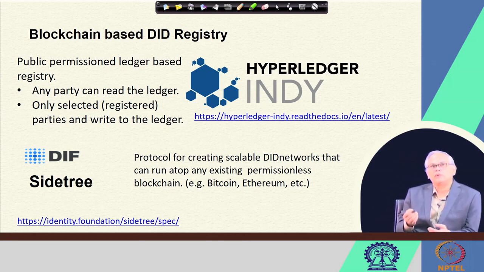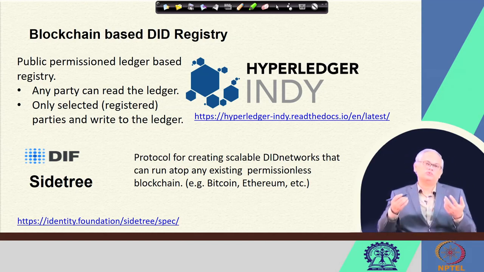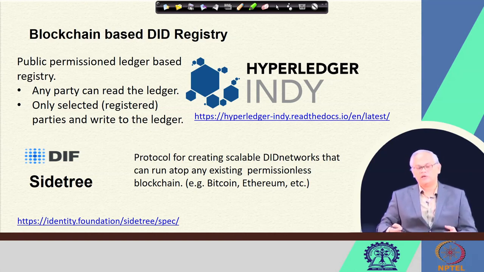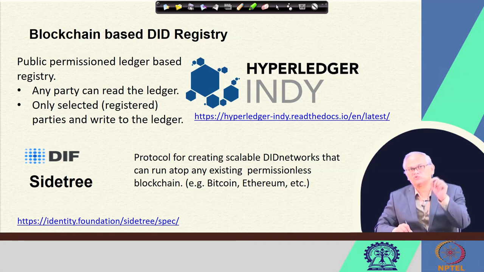And for a public permissioned ledger-based registry, this can be done using Hyperledger Indy. Hyperledger has multiple projects, like Hyperledger Fabric, and another important one is Hyperledger Indy. So, here it is important to understand these concepts. We have said public, but permissioned.